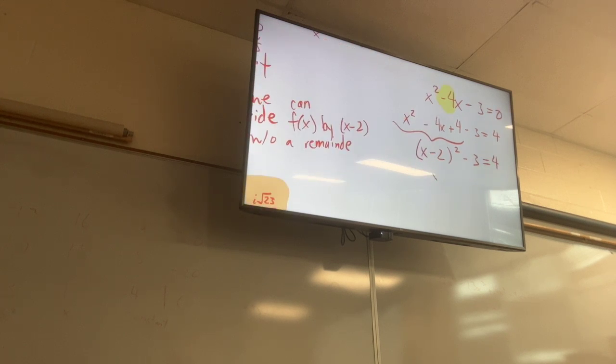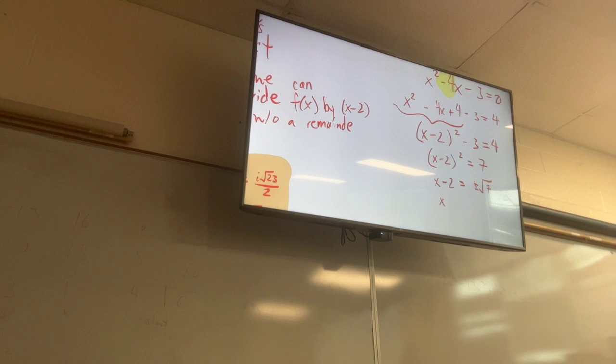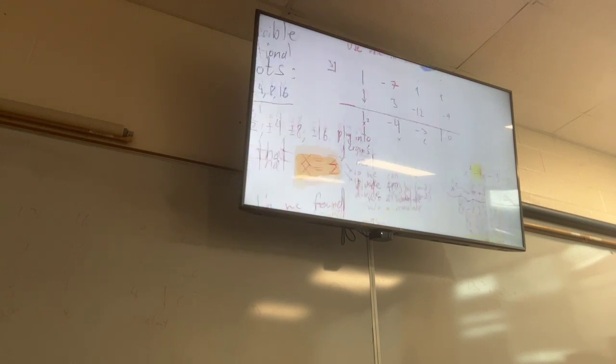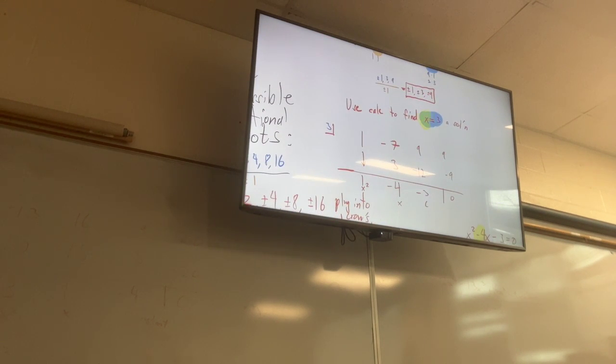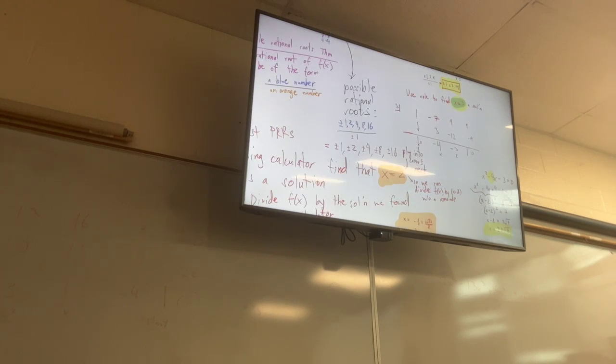Solve with the square root property. So those are my solutions, okay? On the test, I want to see these two solutions, and I want to see your possible rational roots, okay? Those are going to be the 3 elements of the correct answer on the test.